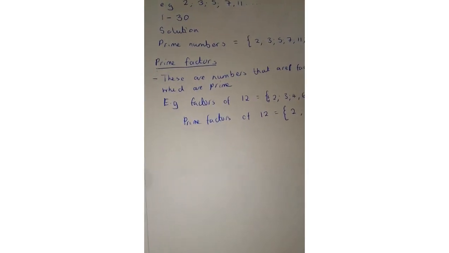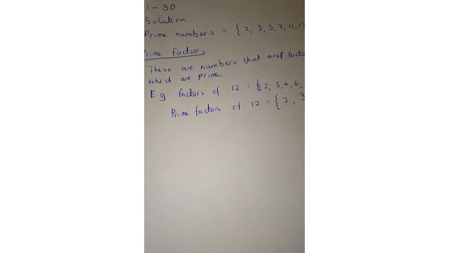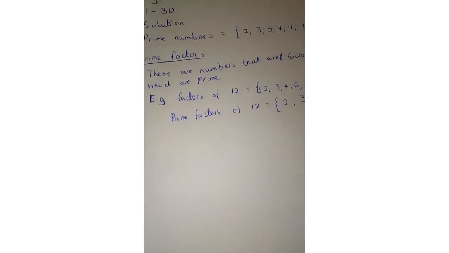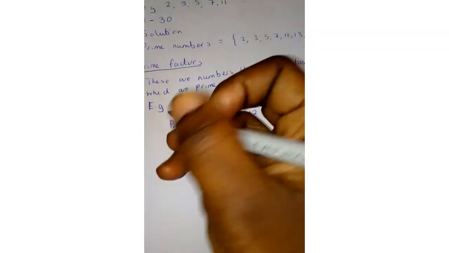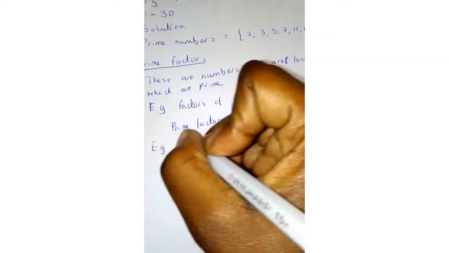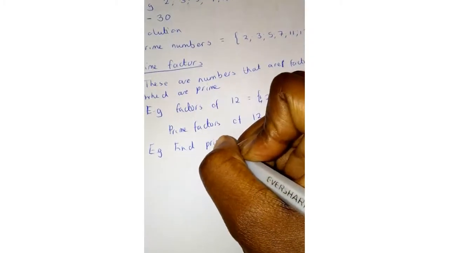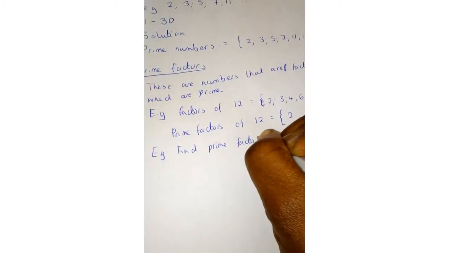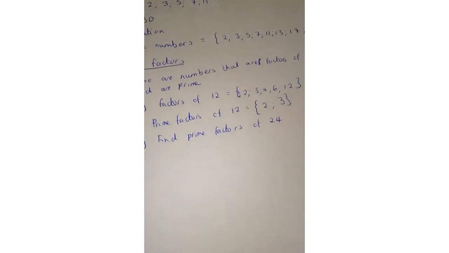Formula that we can use to find the prime factors of numbers. Given, for example, a number like 24, find the prime factors of 24.